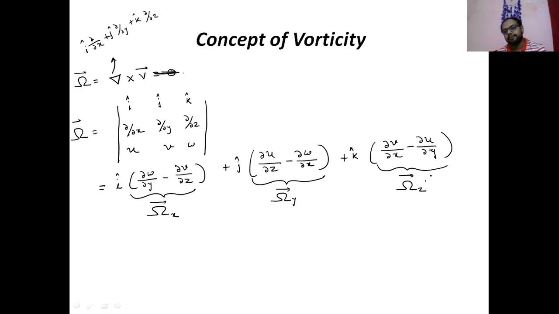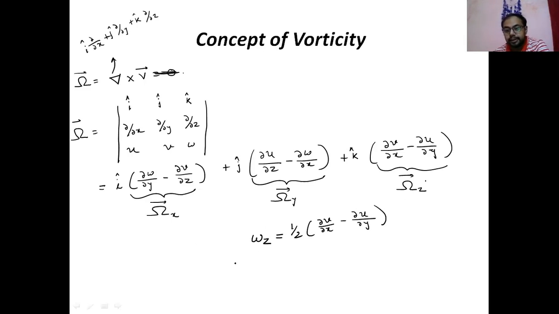That is the vorticity vector. You see one thing, in the previous case we were considering one part. We were telling that omega z, it's a small omega, is equal to half of del v del x minus del u del y, the angular velocity. So it's the angular velocity about the z-axis.